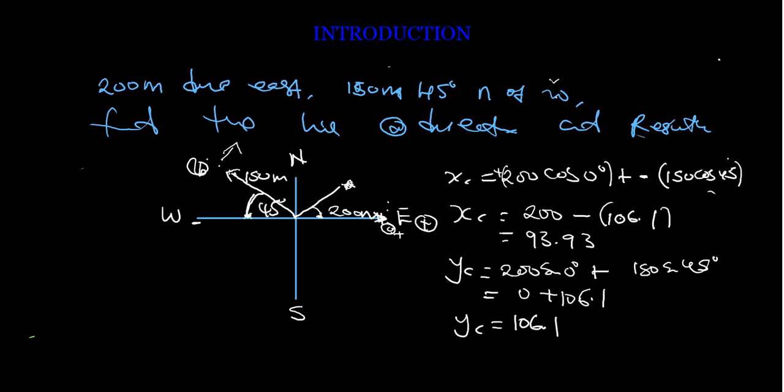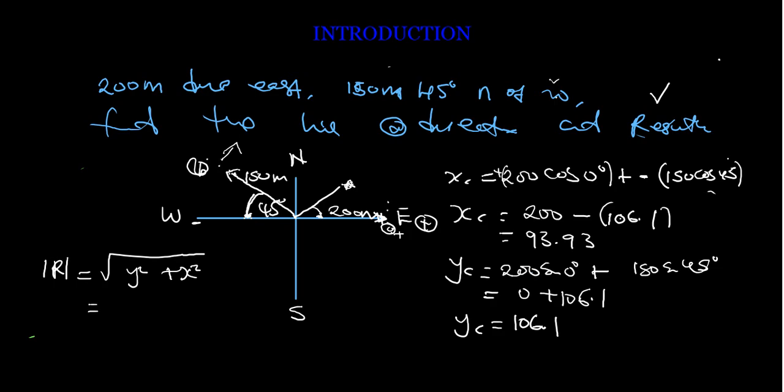So now, to find the resultant, because we want to answer this question, the resultant will be the root of the y component squared plus x squared, x squared plus y squared, just the same.